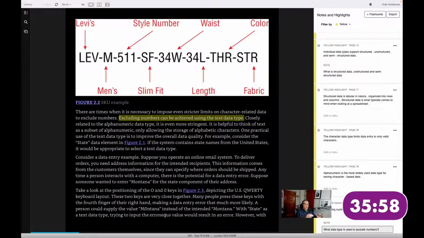If a person is typing in Montana on a US QWERTY keyboard, because the O and the 0 are very close, you could make an error and write M0NTANA instead of the correct Montana with the O. So if you had a text data type, it would create an error because it wouldn't let you put a 0 in there when there should be a letter.